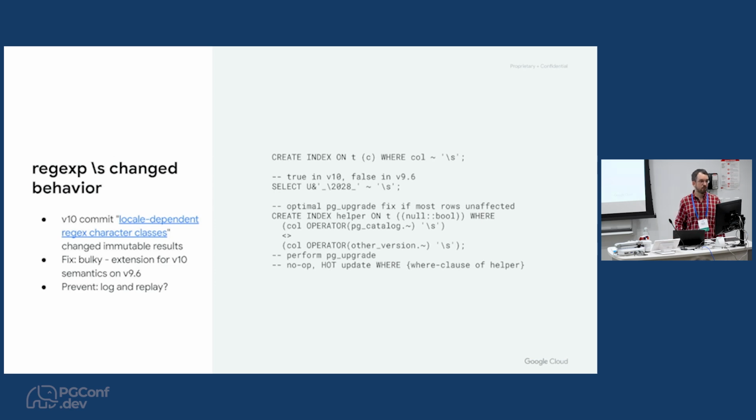Did you run into this one in the field? Yes. People upgrading from 9.6 to 11 or 10 had some of this. In terms of prevention, I was thinking one thing we could do would be to log all the immutable function calls that we make during the regression suite, and then replay those on another version and see if any of them have changed.